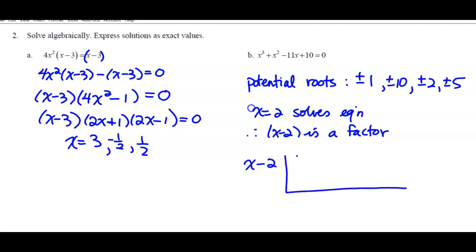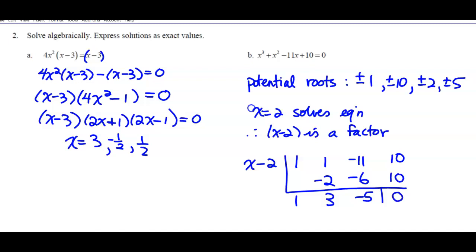Set up your synthetic or long division, up to you. Okay. Bring down the 1. Negative 2 times 1 is negative 2. 1 minus negative 2 is 3. Negative 6. Subtracting a negative is adding.